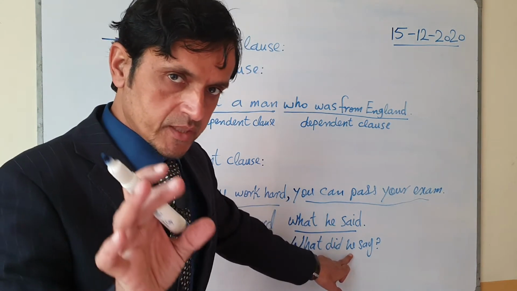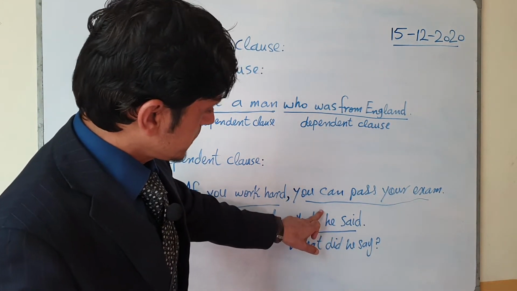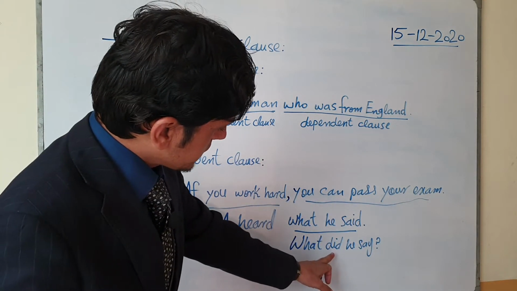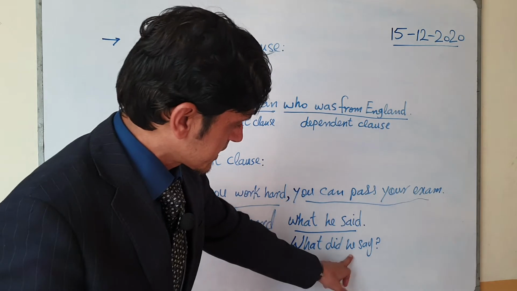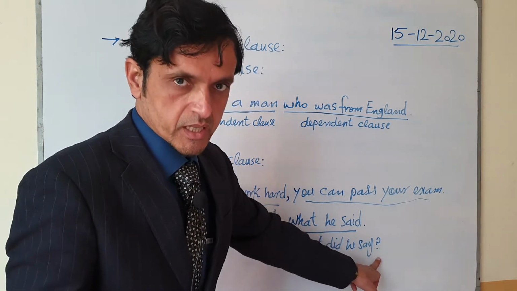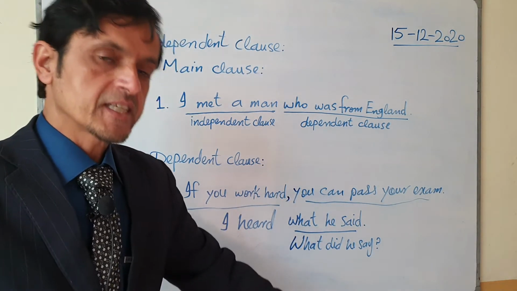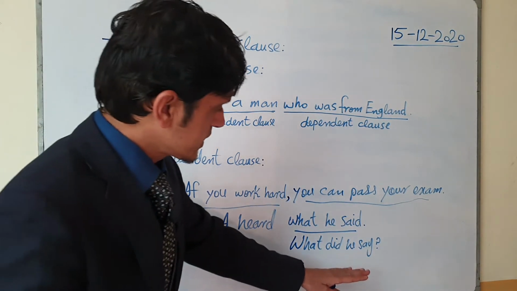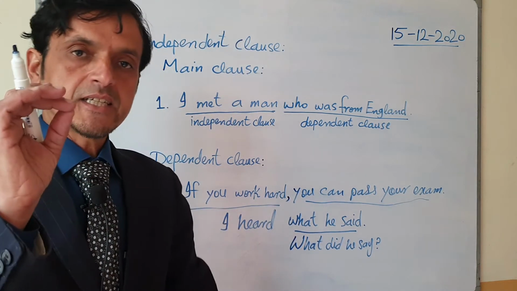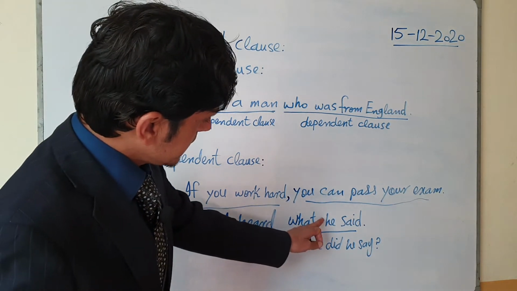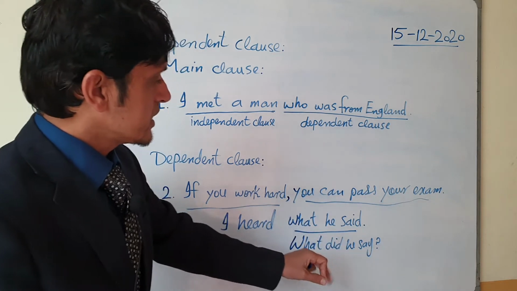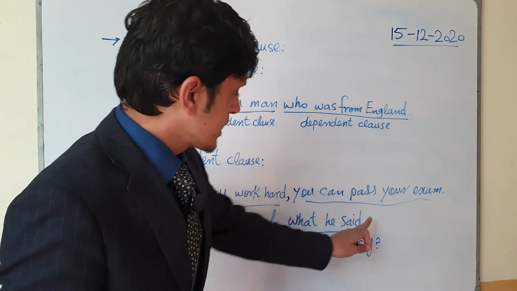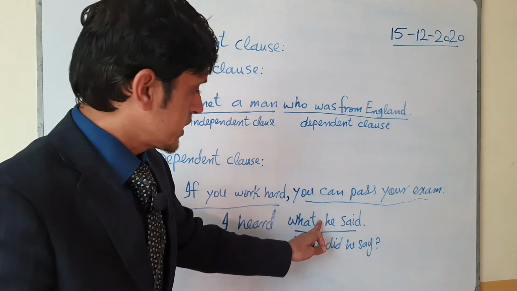How will you understand this? We have written the auxiliary did before the subject, and a question mark. So this is a simple interrogative sentence of the past tense, a complete sentence and an independent clause. While what he said is a dependent clause, because it has neither a question mark nor any auxiliary.